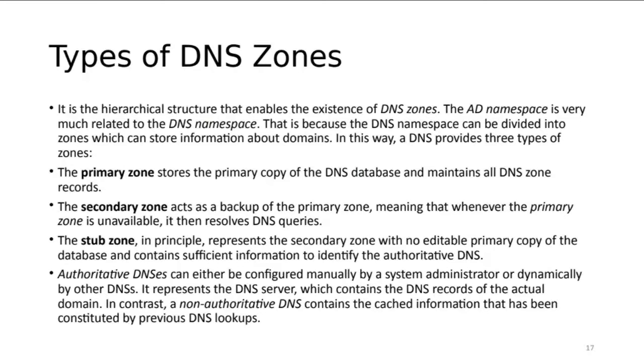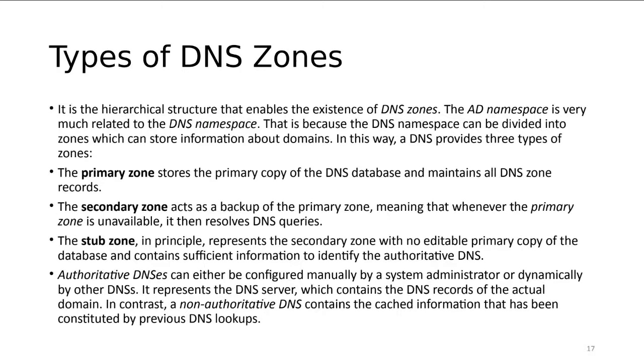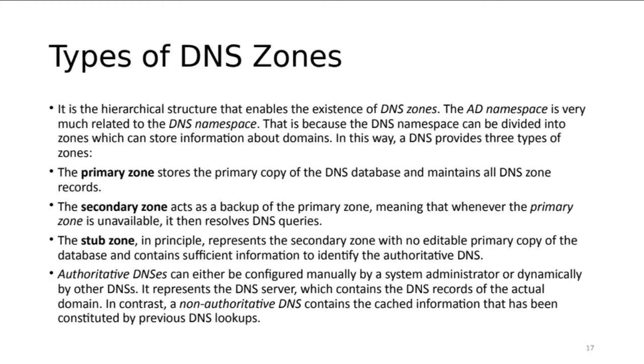We have different types of DNS zones, but they are all hierarchical because DNS uses a hierarchical structure. The primary zone stores the primary copy of the DNS database and maintains all DNS zone records. Then we have the secondary zone, which acts as a backup of the primary zone.